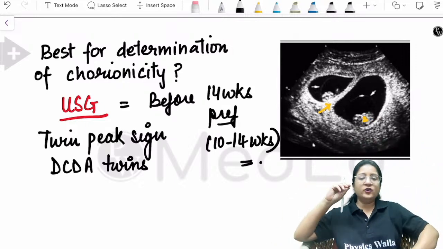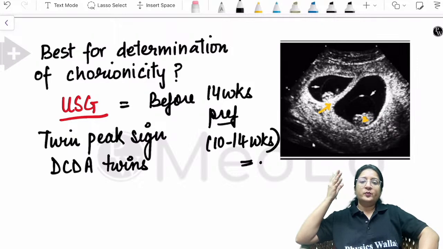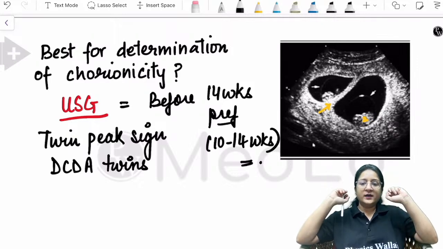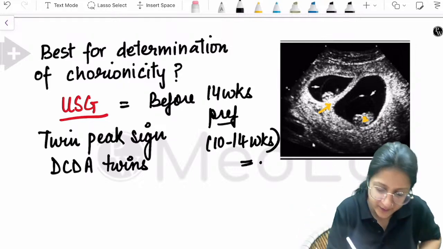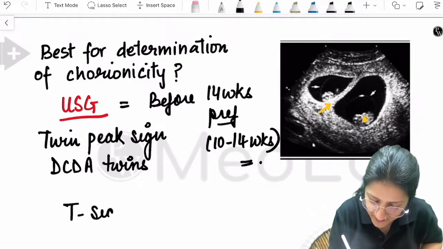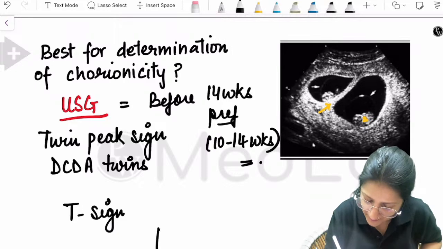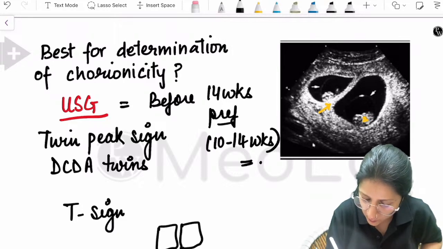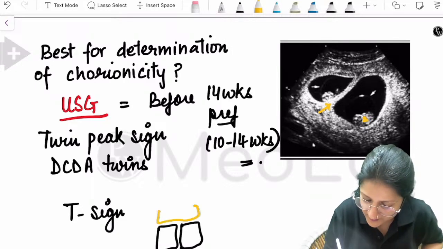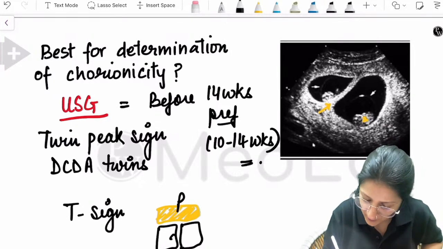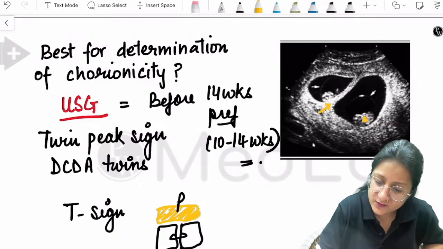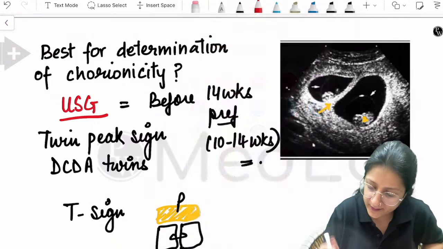Now, what about superfetation? Before I come to superfetation, let me complete this. On ultrasound, if we see a T sign, meaning there is going to be twin 1 and twin 2, and this is going to be the placenta, let's say, developing placenta, and the intertwin membrane, and there is no dipping of chorion in the intertwin membrane.